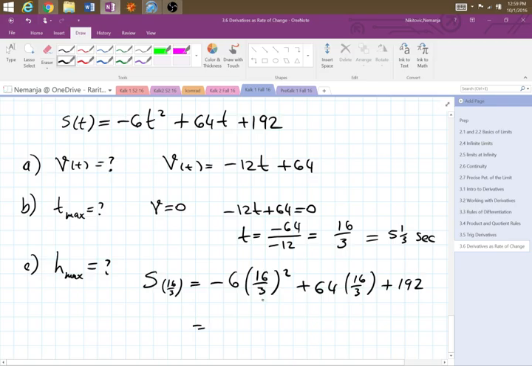One of the 3's will cancel, giving us 2, so that's 32 over 3. Sixteen squared is 256, times 2, 512.